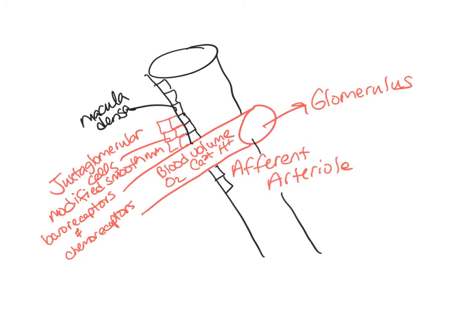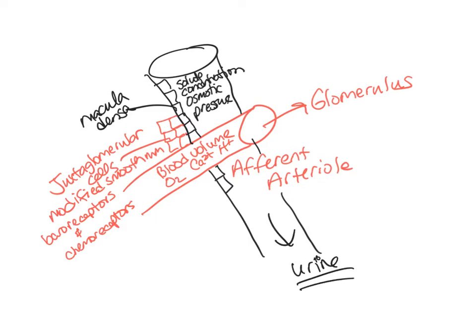They're trying to detect the osmotic pressure in the distal convoluted tubule, meaning they're looking at the solute concentration and trying to determine how concentrated the fluid is that's going to quickly become urine.